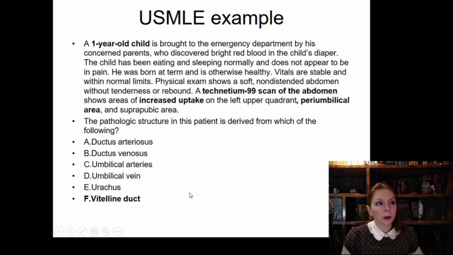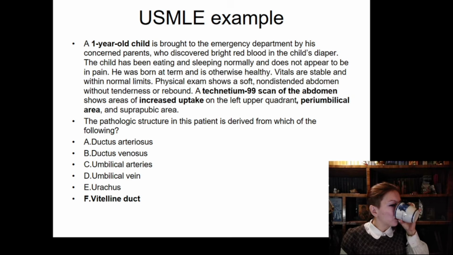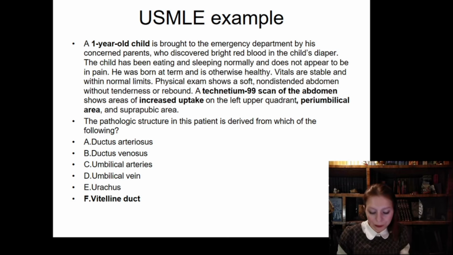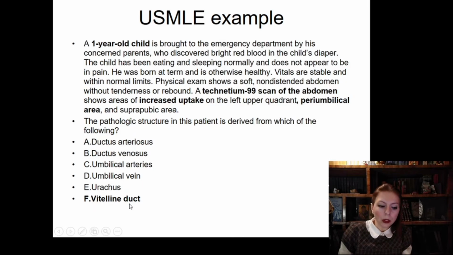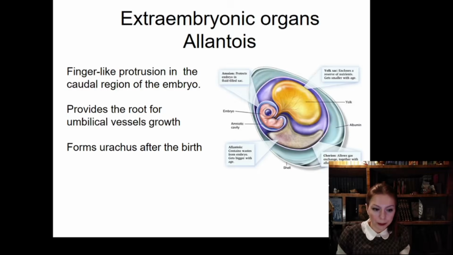So you see how important it is to know embryology to diagnose different pathologies, even in adults, in this case in a child. So yolk sac could be the source of some abnormalities if it involves intestines in the umbilical cord.